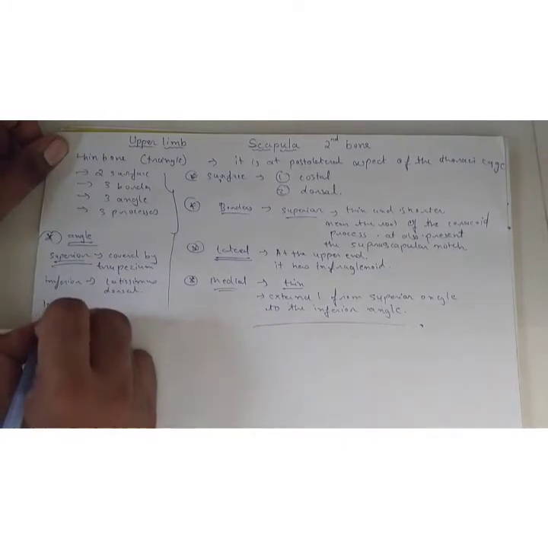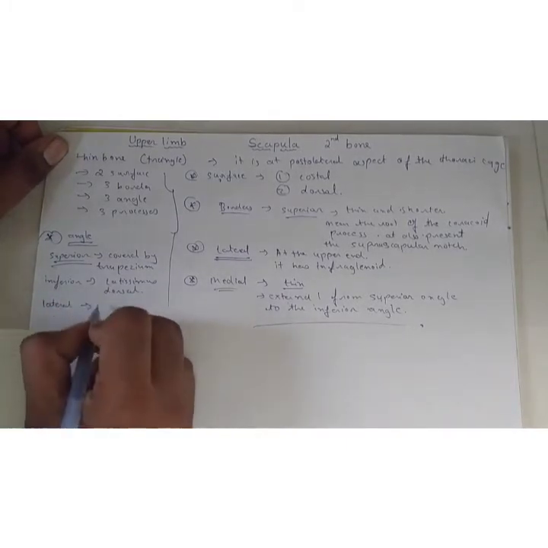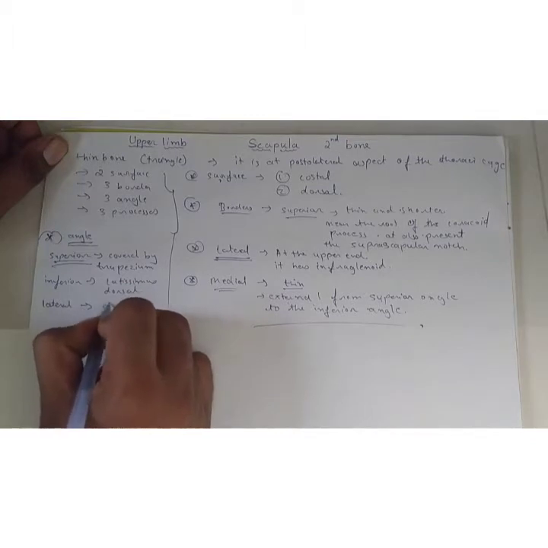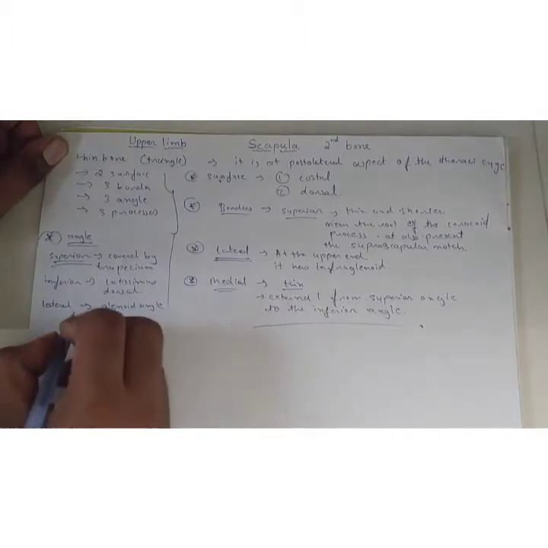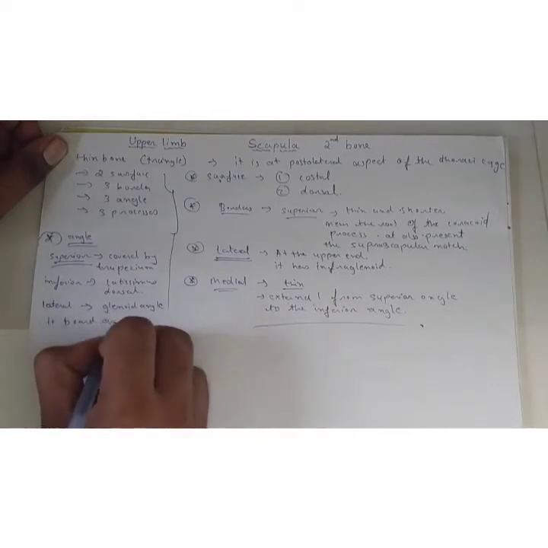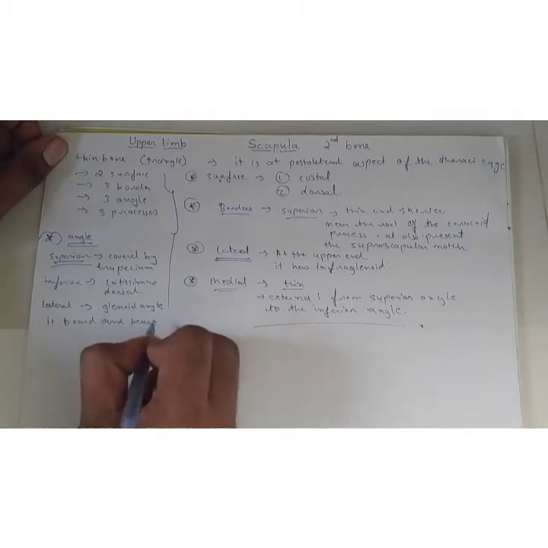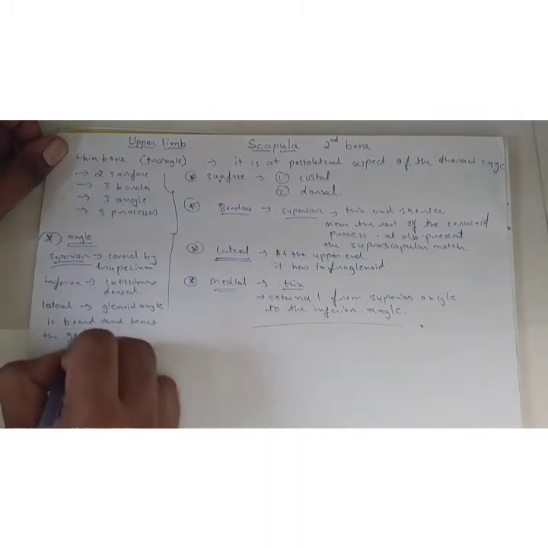And the lateral angle, which is also known as the glenoid angle, is broad and bears the glenoid cavity fossa.